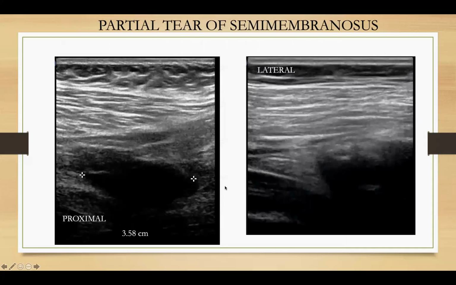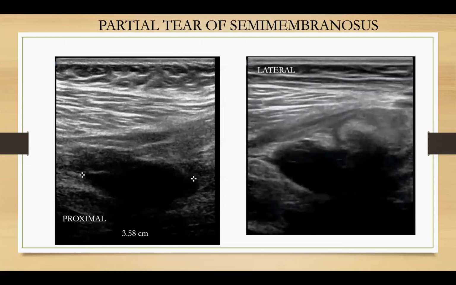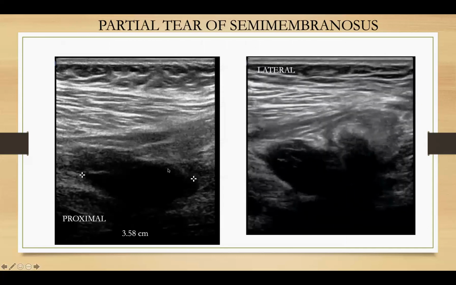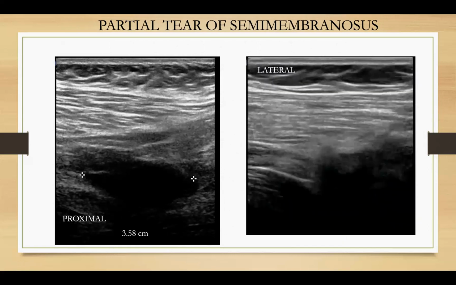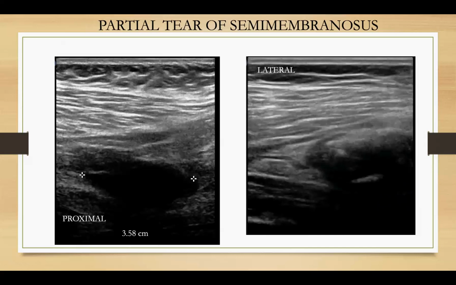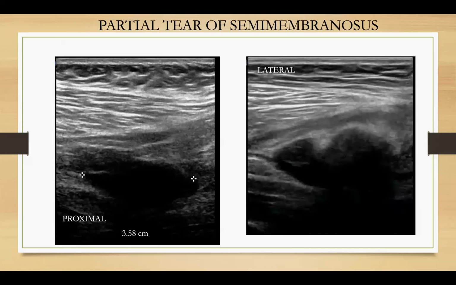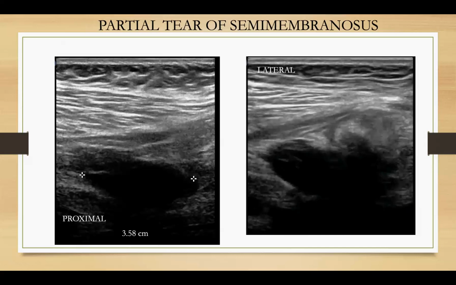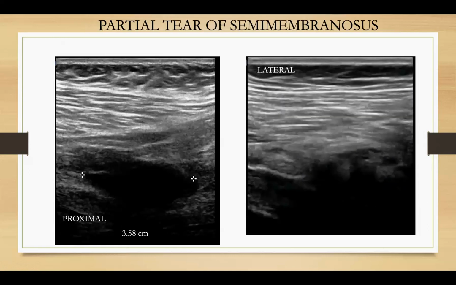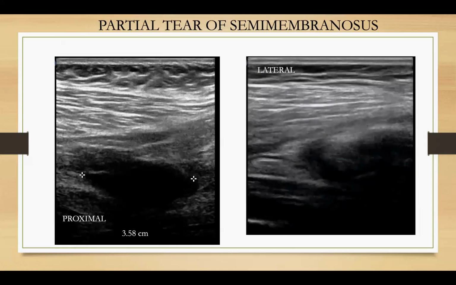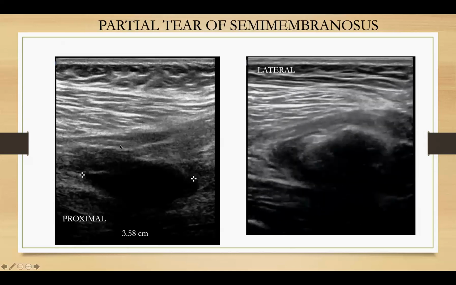Moving on to two cases. This first case is an example of a partial tear of the semimembranosus muscle. This person had slipped and fallen with their feet moving out in front of them and felt a pull or tear, pop, pain, and a little bit of bruising along the back of their thigh. This is just a still image.